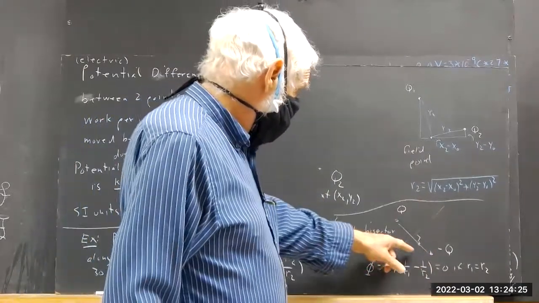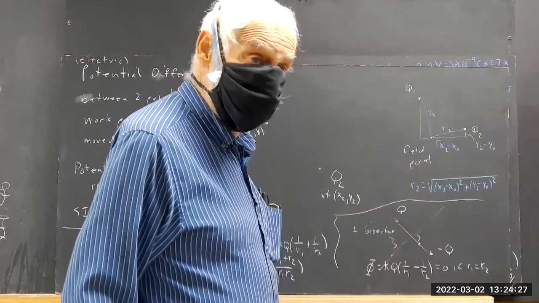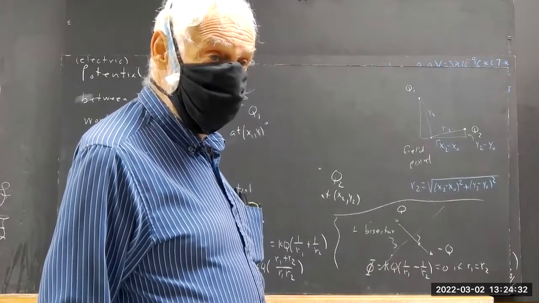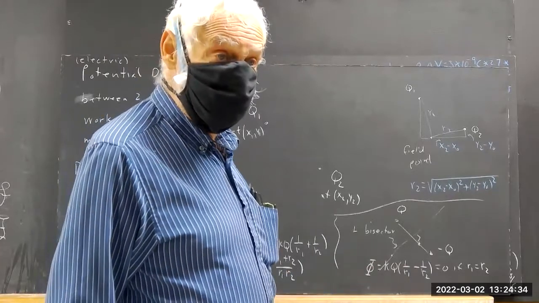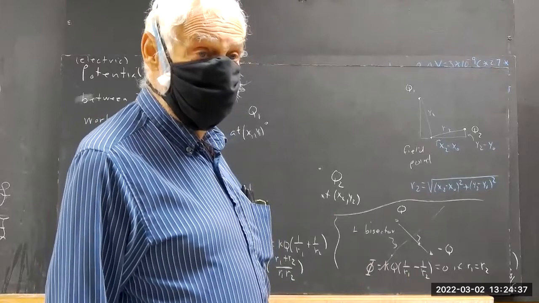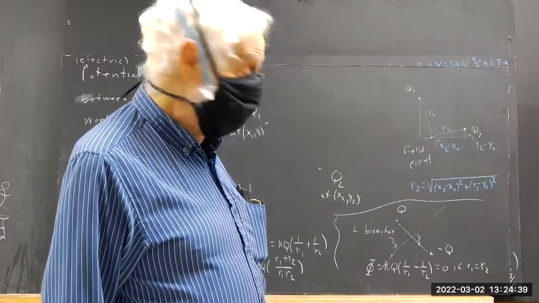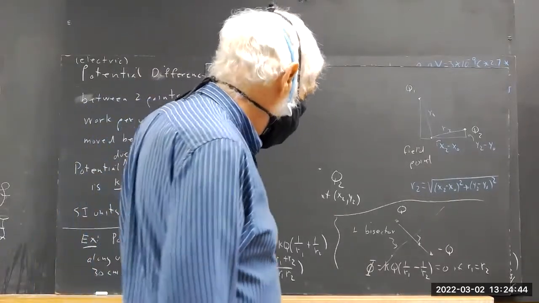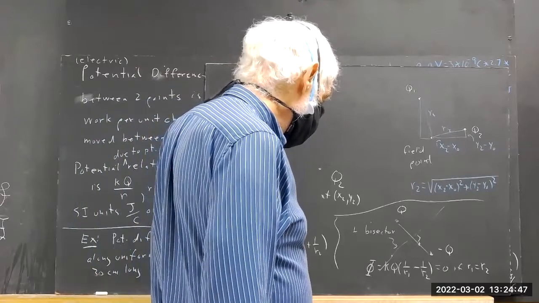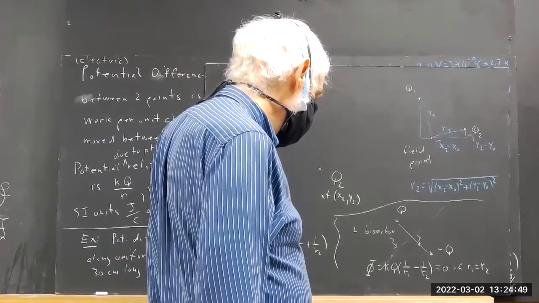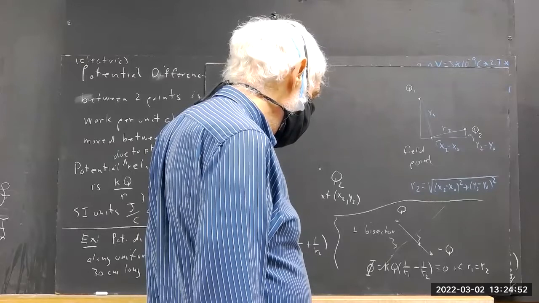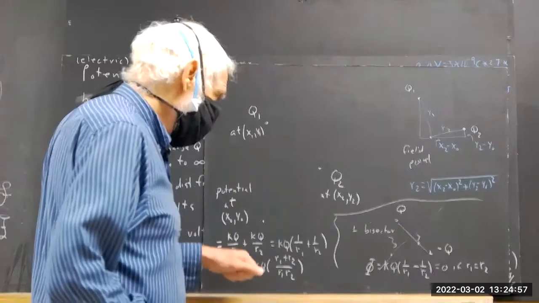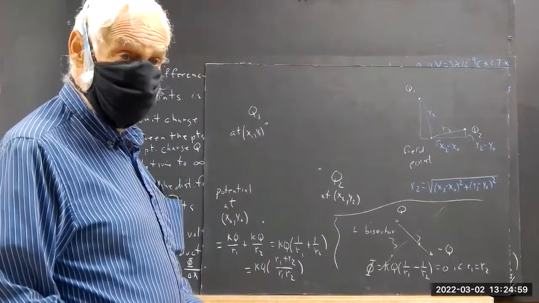Those set of points that are twice as close to this one as this one, well, it's a conic section. Which is why you need to know conic sections. Okay, if you missed that in calculus, you probably missed it completely, so you really need to get into it a little bit. So I'll let you puzzle over what that might be, but that's the idea. You get equal potential lines.